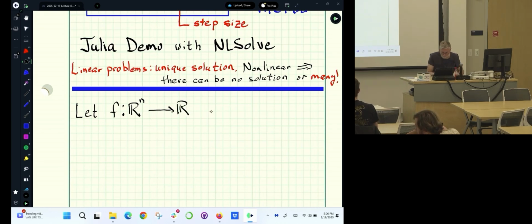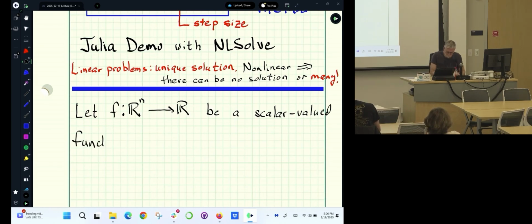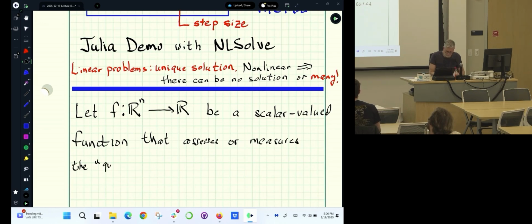So it's a scalar valued function that assesses or measures the quality.